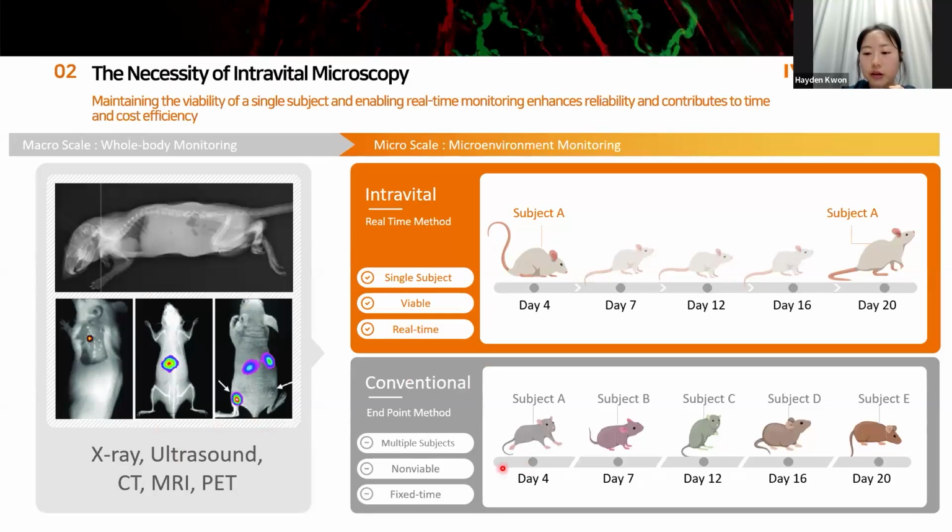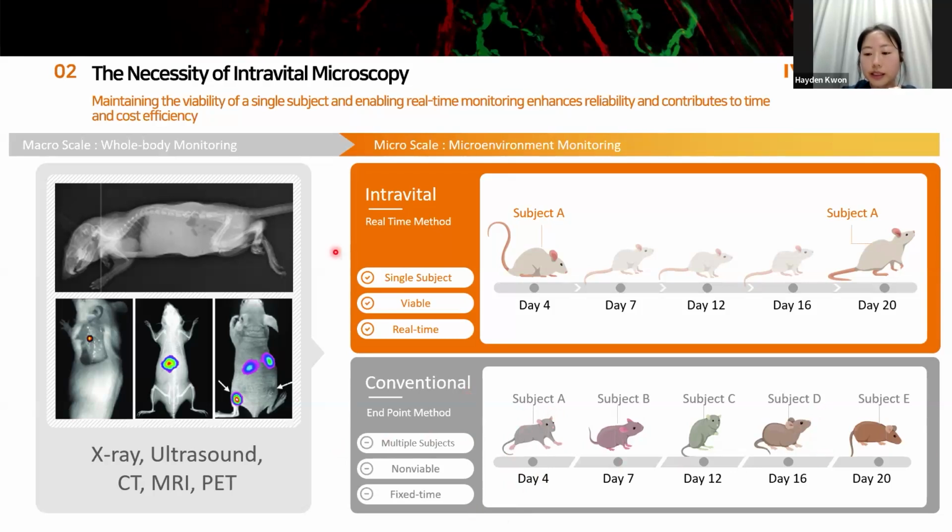A defining strength of IBM's intravital imaging system lies in its clear departure from conventional in vivo approaches. Conventional methods typically require sacrificing separate animals at each time point, which inevitably introduces substantial inter-animal variability.